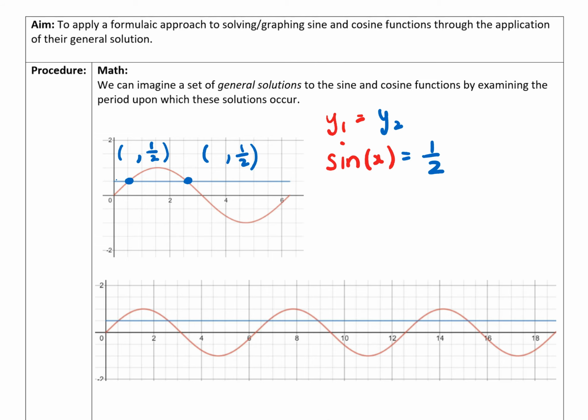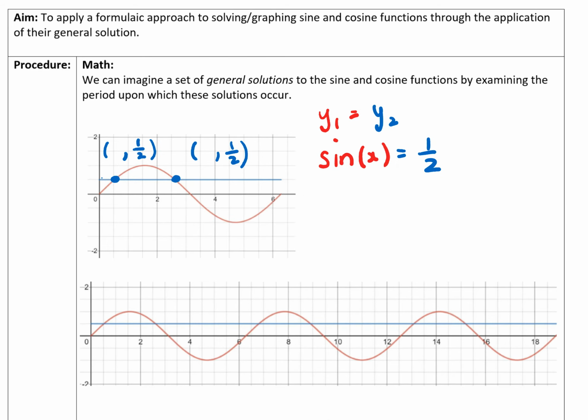And so what I can see is that there are two x values for which this is true. They occur here and there. So it's important that we think of this as, where are these solutions occurring and how periodic is their nature. For instance, if we zoom out on the graph, here's that first and second solution, but exactly 2 pi across, we can see that it happens again.